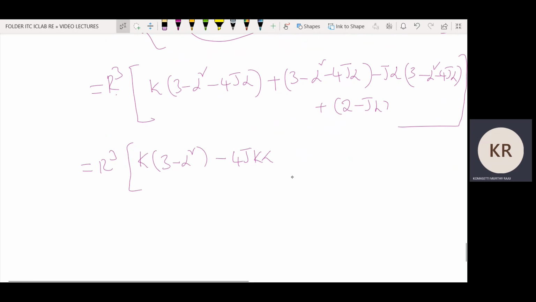Here minus j alpha, 3 minus alpha square, minus j alpha, 3 minus alpha square. These are the j terms. One more term is also there.